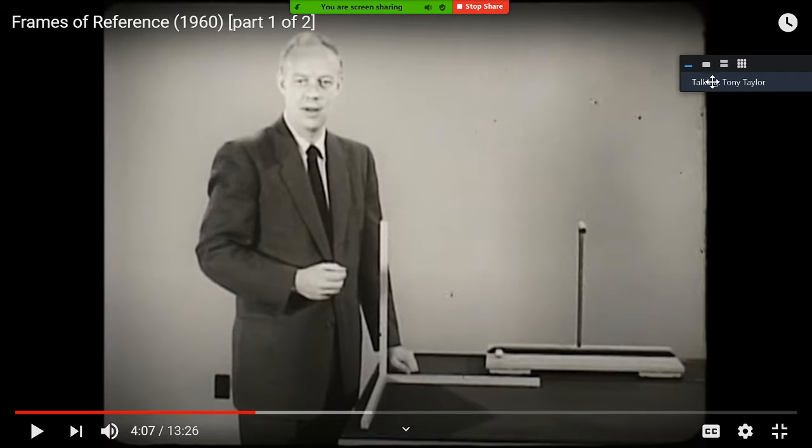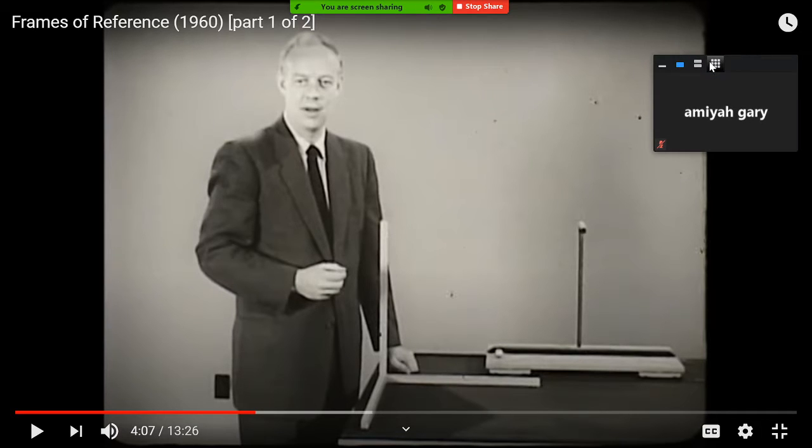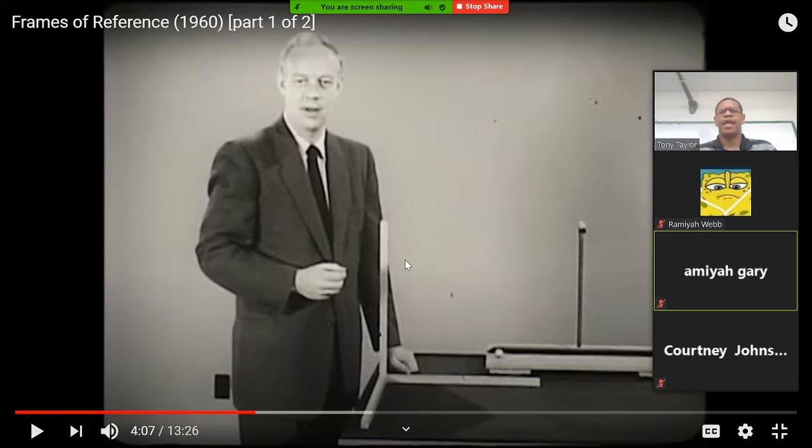So I'm going to pause this right here, and I want to say something. He mentioned that there are 3 lines here, and these 3 lines serve as our coordinate system, our frame of reference. Why did he use 3 lines? Guys, it turns out this is where we get our term 3 dimensions from.